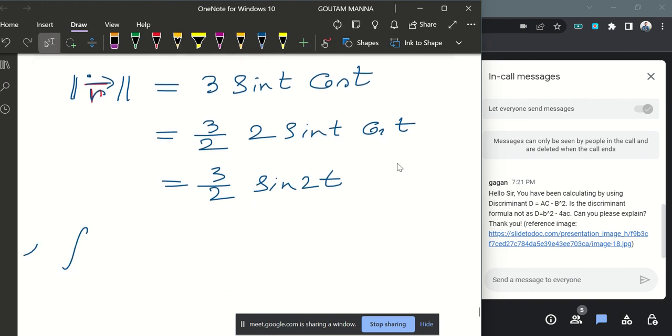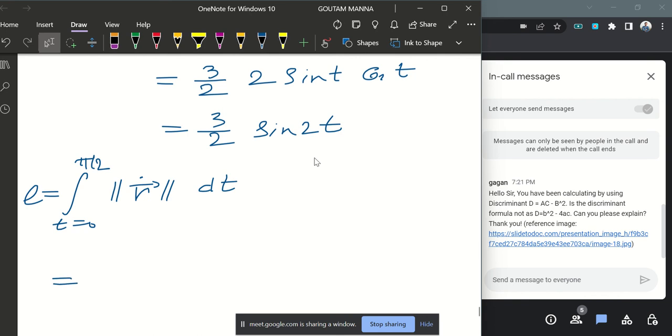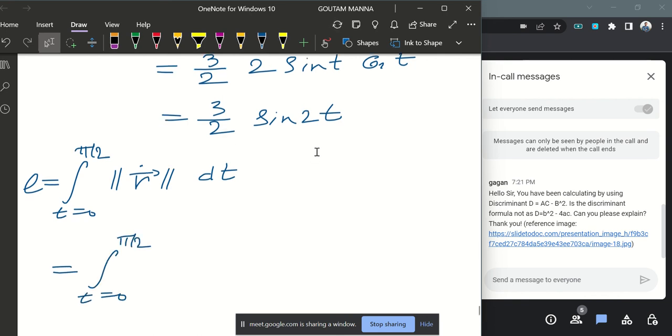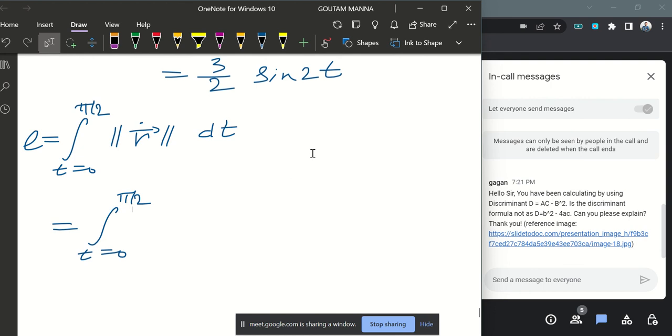So the length L is the integral from t equals 0 to pi by 2 of the magnitude of r dot times dt, which is the integral of 3 by 2 sine of 2t dt.